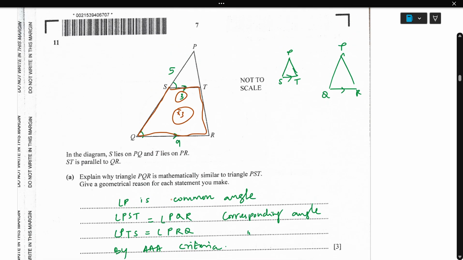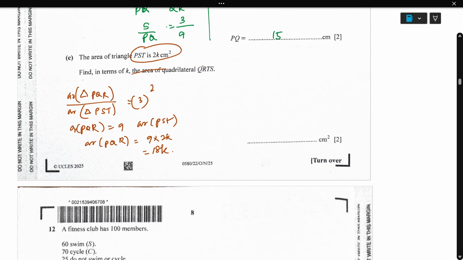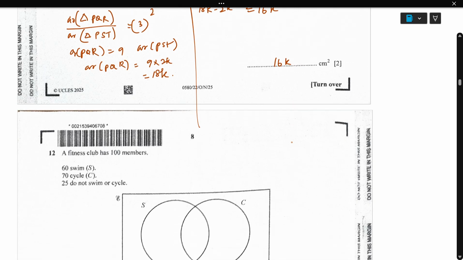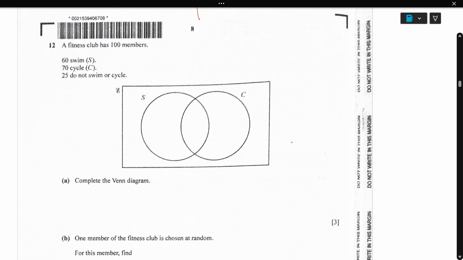Actually we want only this QRTS, so we have to take away the PST there. PST we know the area, which is 2k. So 18k minus 2k, the answer is 16k centimeters squared.